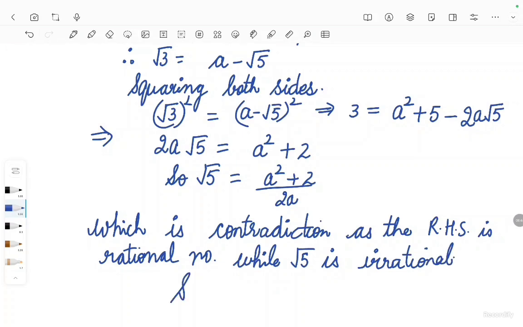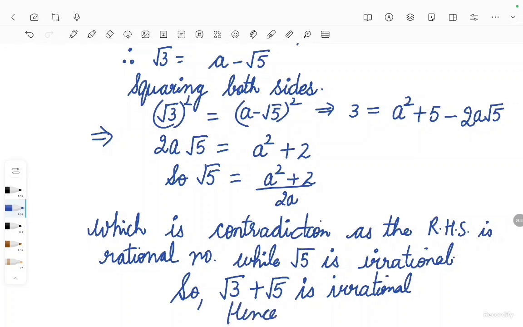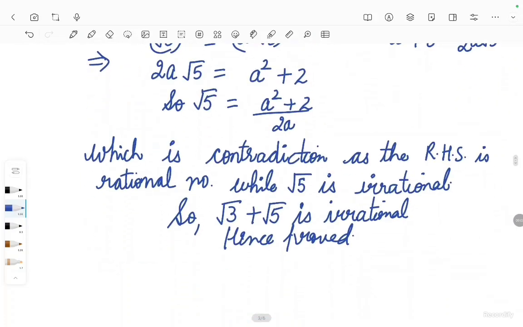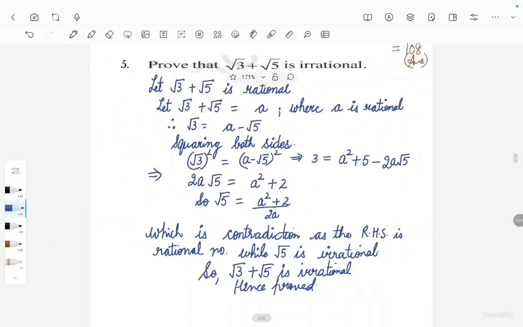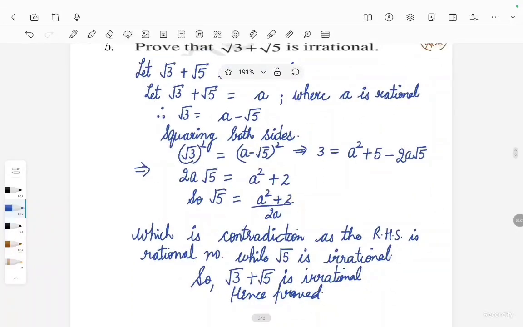So now we can conclude that root 3 plus root 5 is irrational. Hence proved. Easy. Done. Pause the video and you can take a screenshot also. Done.